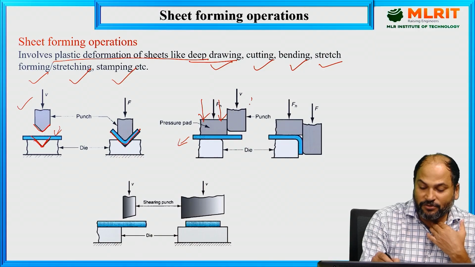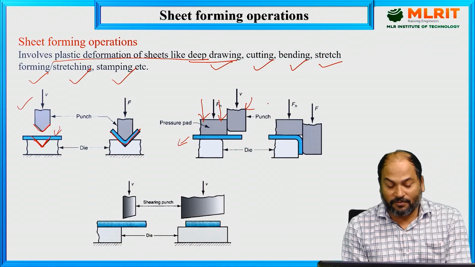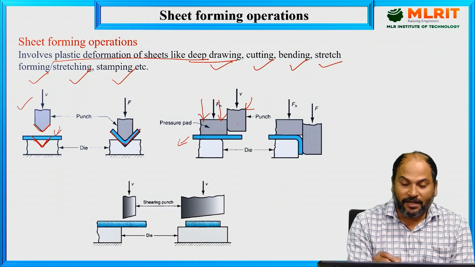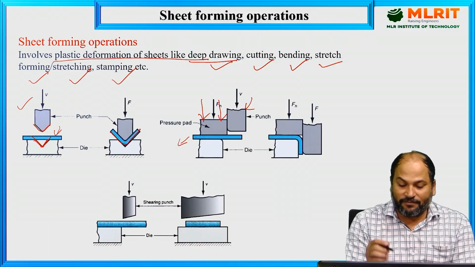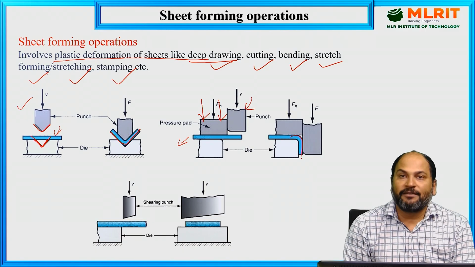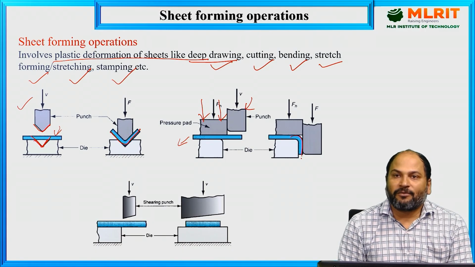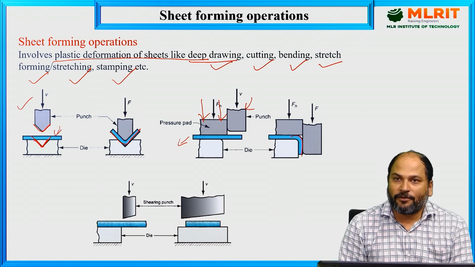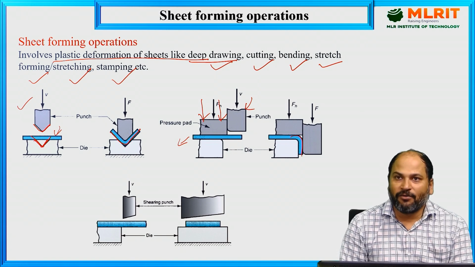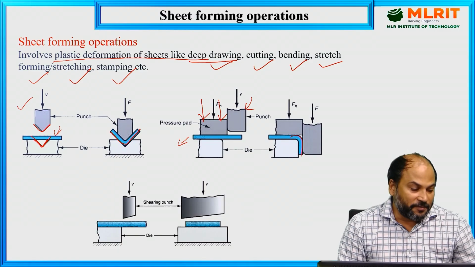So this is the punch through which we are applying the forces. What will happen once we apply this? This will be bent from the side. Depending upon the position of our die, and how we apply the force through the punch, the material will take the shape.